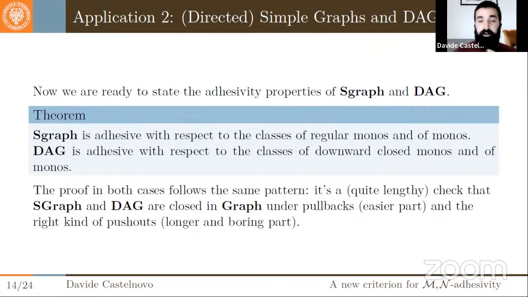We have a full and faithful inclusion in Graph, so we only have to check that SGraph and DAGs are closed in this category of directed graphs under pullbacks, and that's quite easy, and under the right kind of pushouts. This is a bit longer. It involves some kind of diagram chase. It's a bit lengthy and a bit boring, but it can be done.